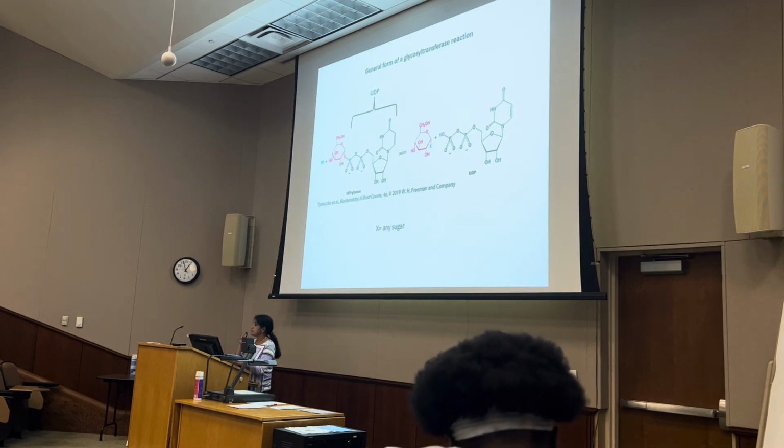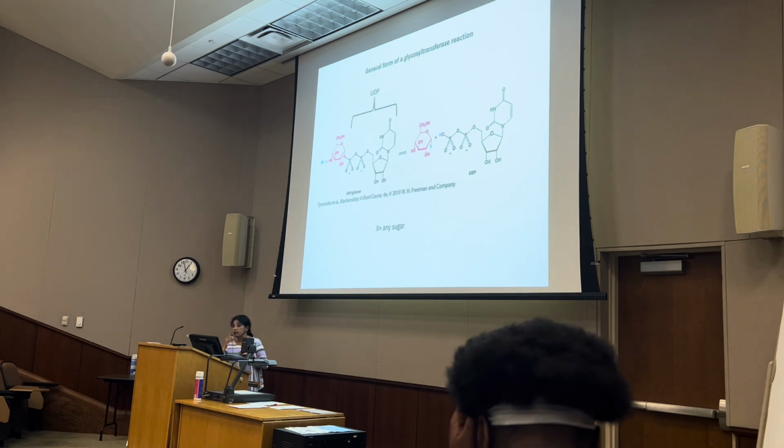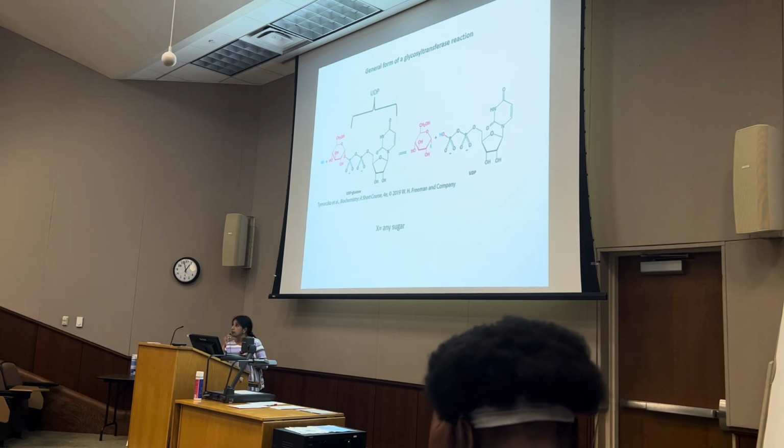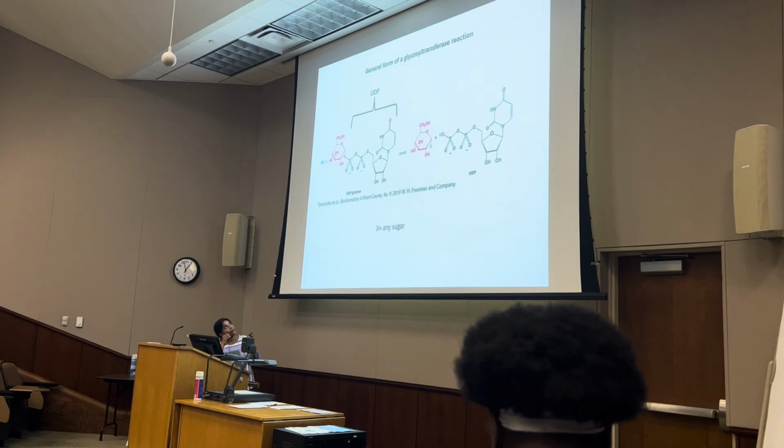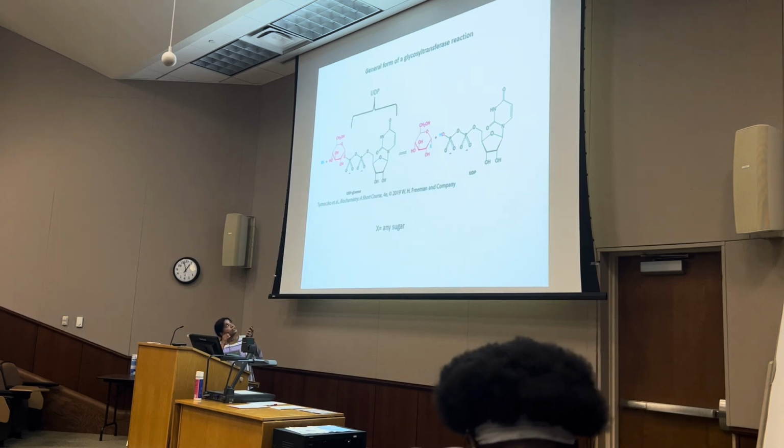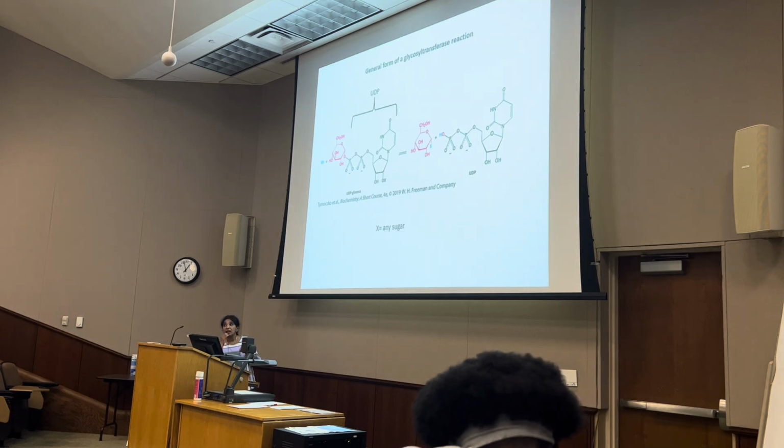It's just linkages. And there's plenty of glycosyltransferase enzymes out there, very specific for the type of sugar that is going to link. So anyways, the glycosyltransferase takes a sugar, and an activated form of a sugar, in this case, they're showing you UDP glucose. And it's just a transferase, so it'll transfer.